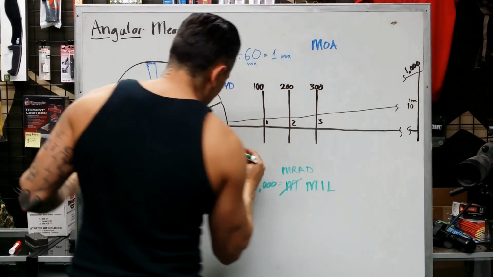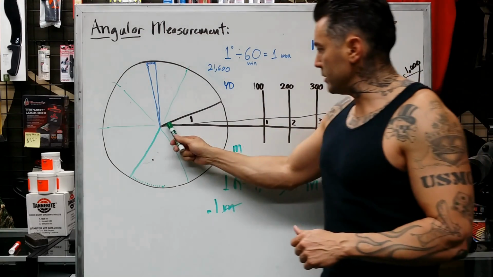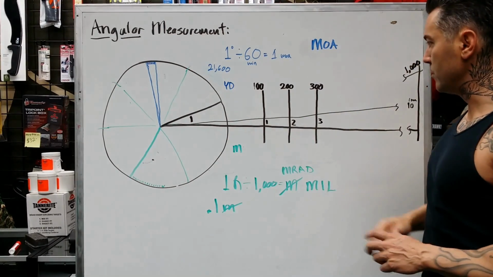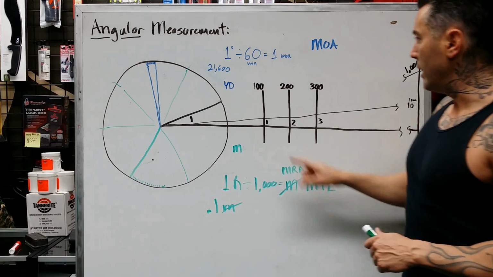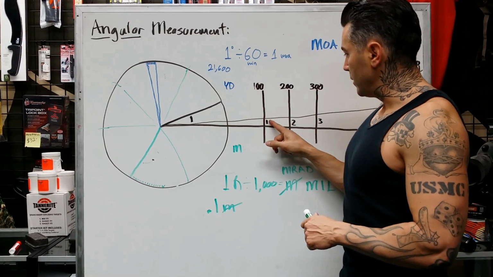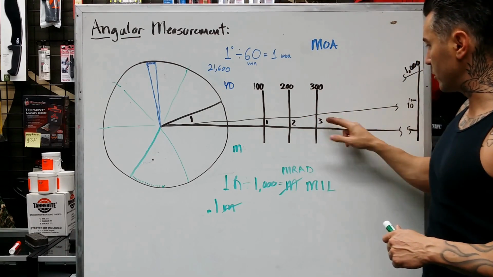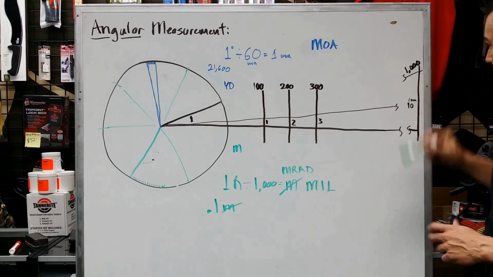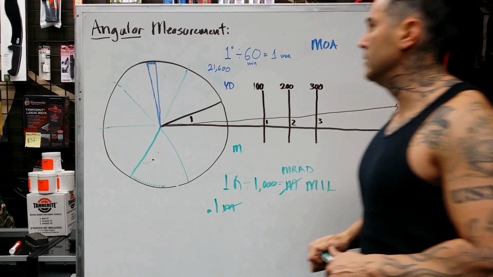These ranges will be in meters. This 1/10 milliradian, as it moves away from the center of the circle, expands just the same as minutes of angle do. At 100 meters, that 1/10 mil is 1 centimeter. At 200, 2 centimeters. 300, 3 centimeters. All the way out to a full click, it's 10 centimeters. It works just the same way as minutes of angle.